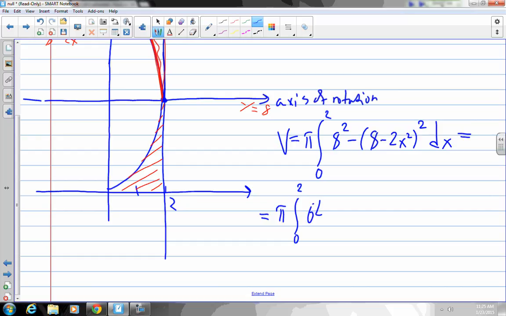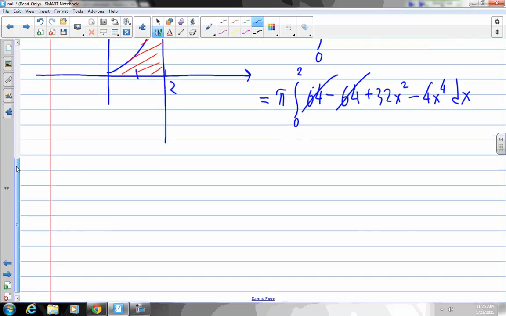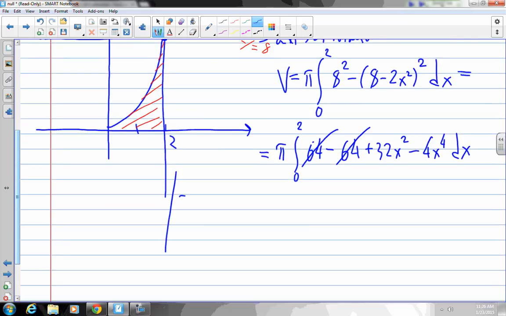So 64 minus 64 plus, what is it, 32x squared minus 4x to the 4th dx, right? So the 64s cancel. And we get pi from 0 to 2, whatever is left, 32x squared minus 4x to the 4th. I can just integrate it.